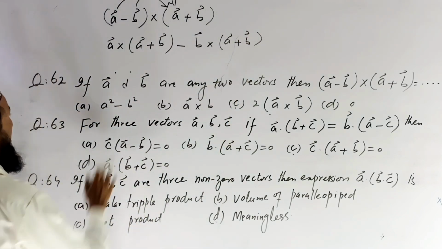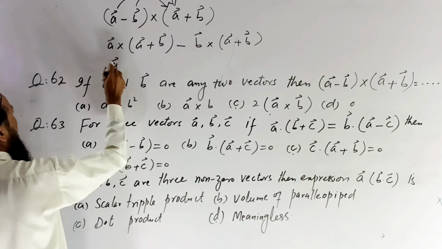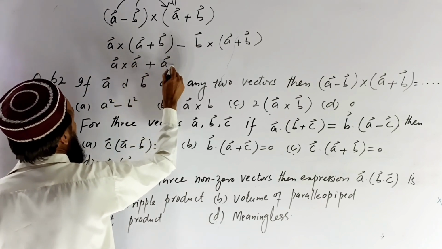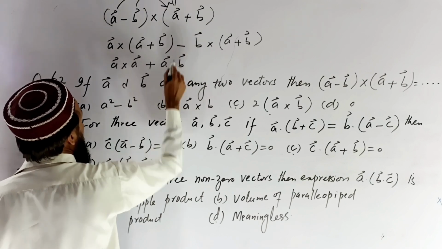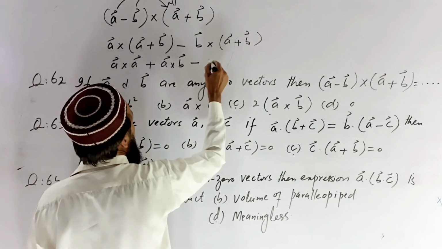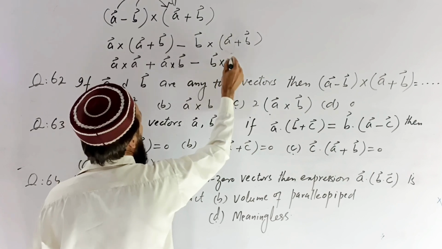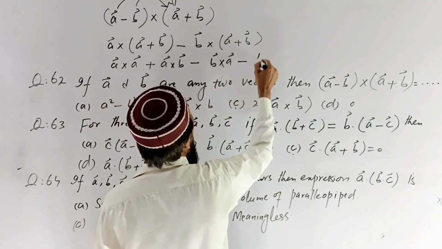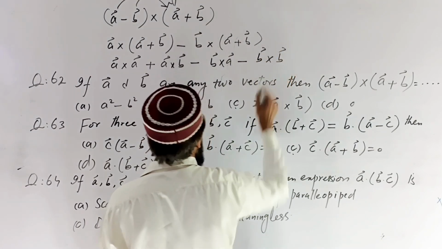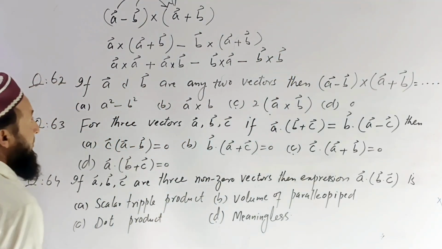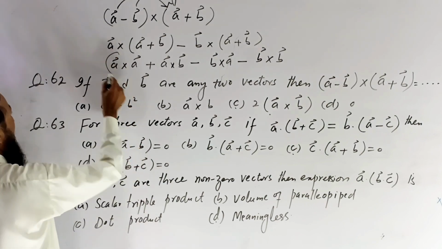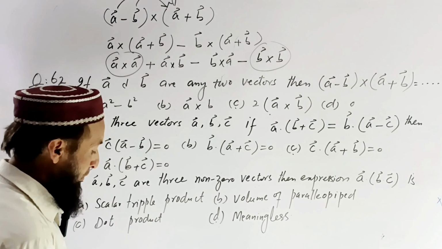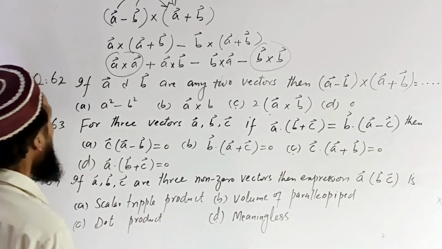Now using the properties, expanding: A cross A plus A cross B. Similarly here B cross A, and minus into plus minus B cross B. By definition, A cross A and B cross B are both 0.